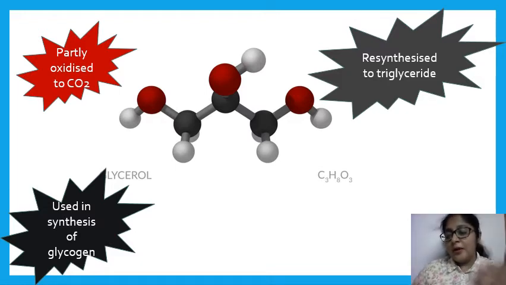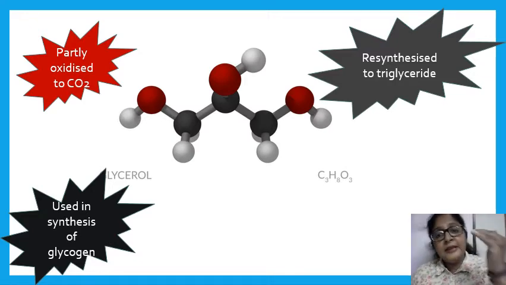When I talk about resynthesis to triglyceride, you must be wondering why it is broken down into glycerol and then resynthesized to triglyceride, or any other part of fat digestion, because they are covered by the micelle.